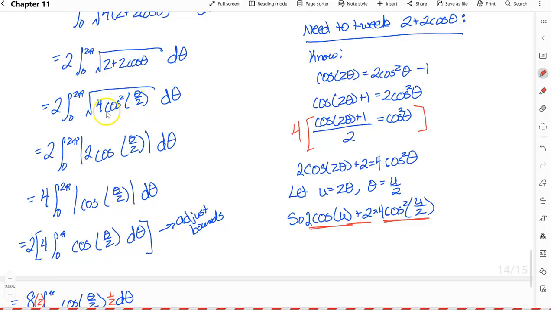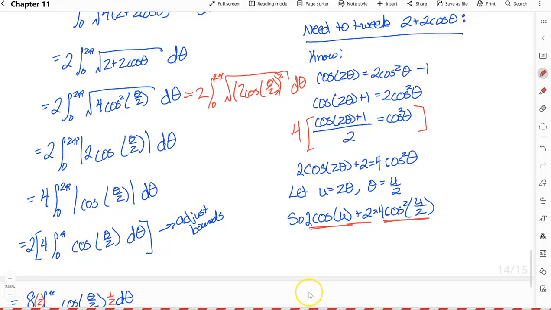And now we're going to take the square root of something that's squared. We can think about that as the square root of 2 cosine of theta over 2, quantity squared. Okay, but when I take the square root of something that's squared, I really have to think about the absolute value.